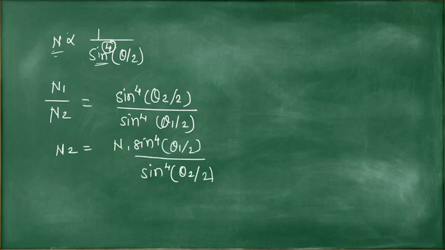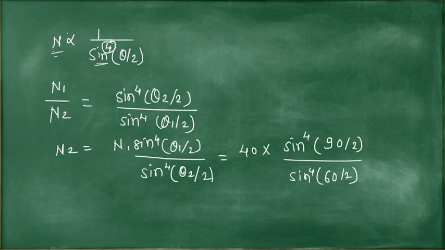So n2 is equal to n1, the remaining is the same. Then put the values: 40 is n1, sine raised to 4, perpendicular means angle is 90 degrees, and the other is 60 degrees. Dividing by 2, you get sine 45 and sine 30, raised to 4.